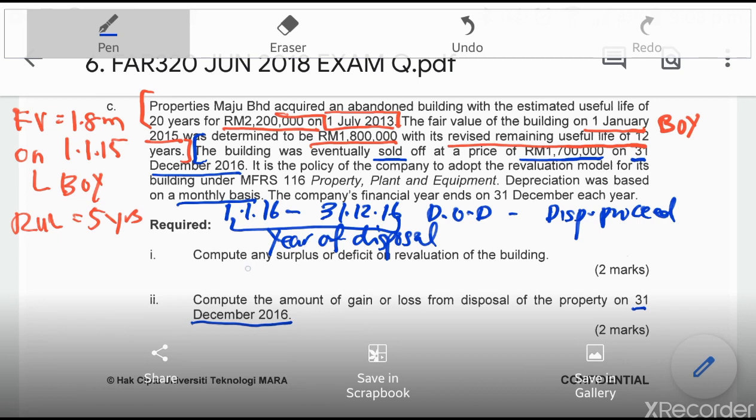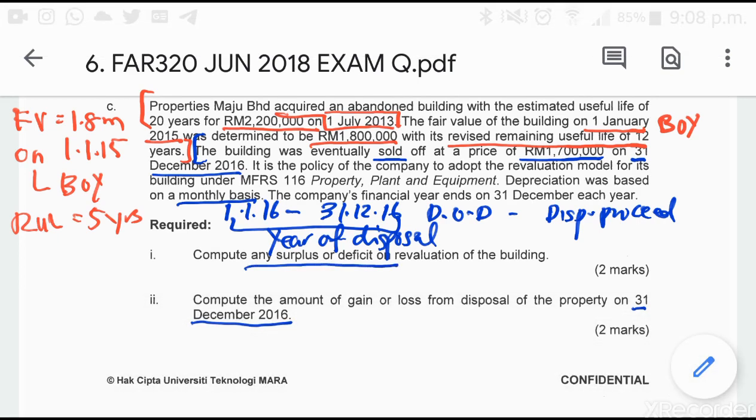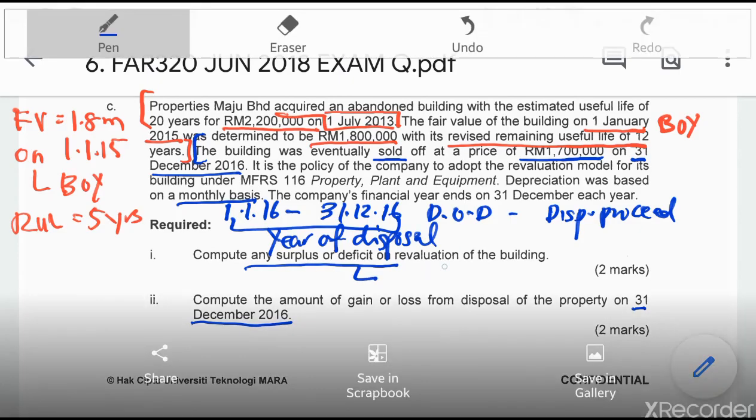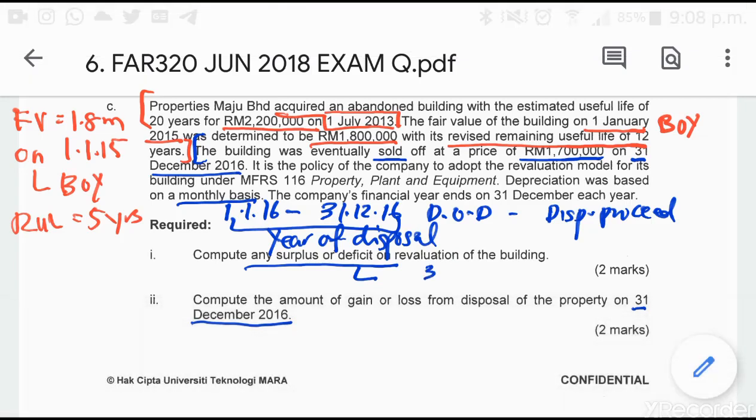So you're asked to calculate the surplus. The surplus is the one that happened in the financial year ending 31st of December 2015, but it happened on 1st of January 2015.